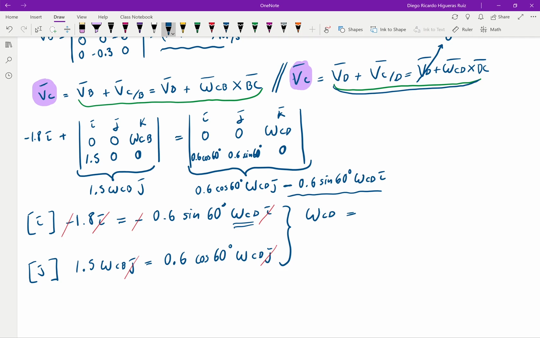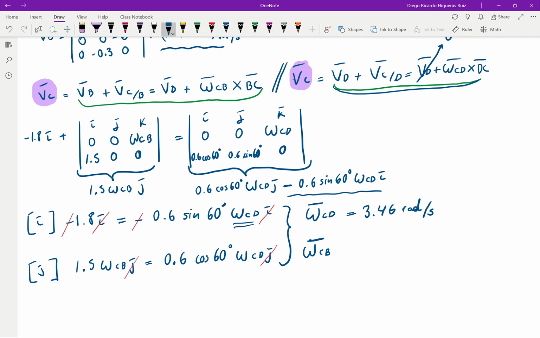I'm just going to go ahead and actually solve it with my calculator. Make sure that I'm doing this right. 0.6 times sine of 60 degrees. Okay. Alright, so the first one is correct. Omega CD is 3.46 radians per second in the K, right? And then once I got that, I can solve for my omega CB, which is actually what I needed, right?